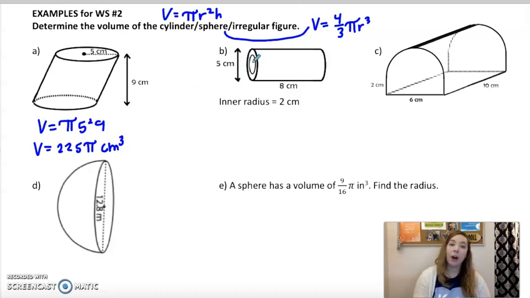Here I have a hollow cylinder where this is a hole, so we're going to do the big one minus the small one. That'll be the easiest. So for our larger cylinder, our radius should be 2.5 since the diameter is 5. So 2.5 squared times 8 is 50 pi.